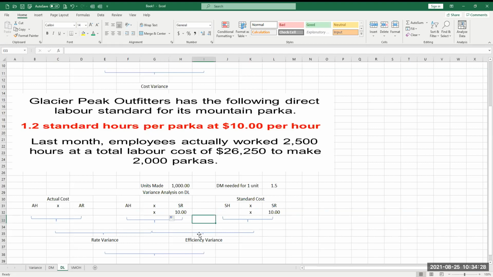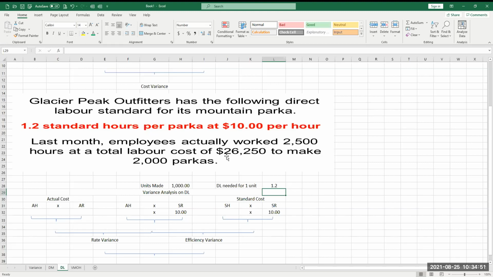What else do I know? Do I know the direct labor that I need to use to produce 1 unit? Yes, 1.2.